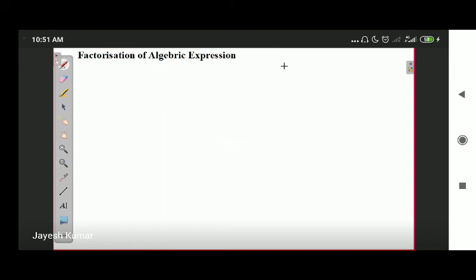Secondly, we understood the multiplication of polynomials. You can multiply monomial with monomial, monomial with polynomial, or polynomial with polynomial. In the same manner, we learned about the division of polynomials. And next we are going to learn about the factorization of algebraic expressions or factorization of polynomials.